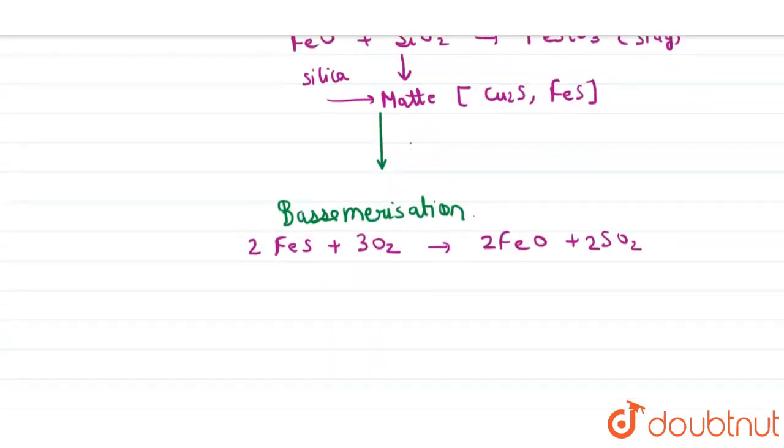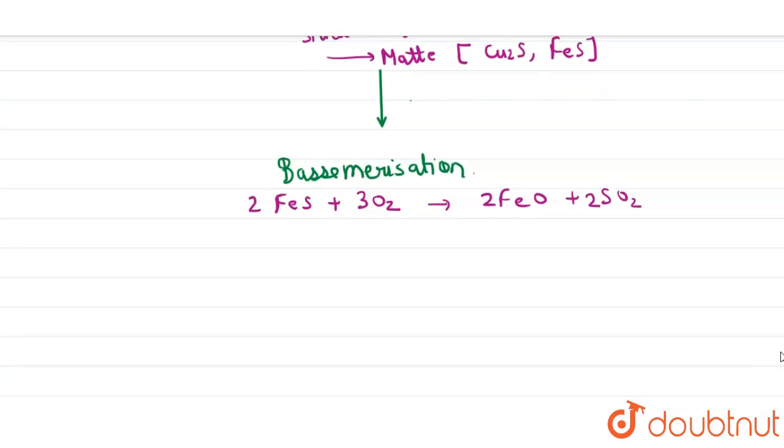And FeO in the presence of silica gets converted into slag, FeSiO3, which can be removed.